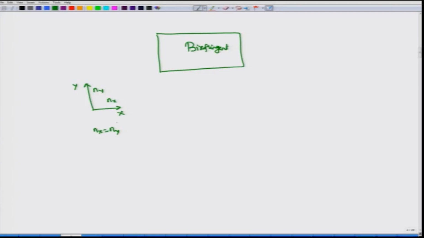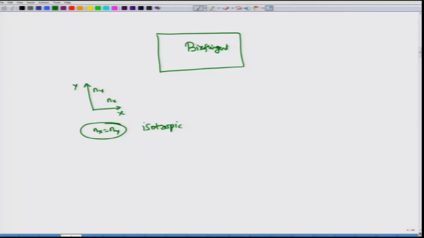If these two polarizations see the refractive indices nx and ny which are the same, then we say that the medium is isotropic, which means that the refractive index that the polarized light sees does not depend on the polarization, whether the light is polarized along the x direction, the y direction, or any other direction. That is the isotropic material. But what if nx is not equal to ny?